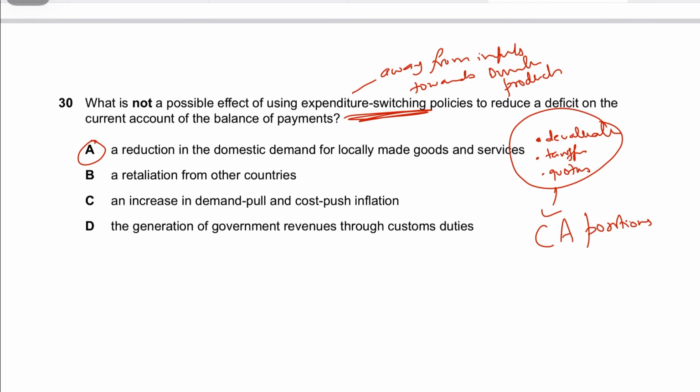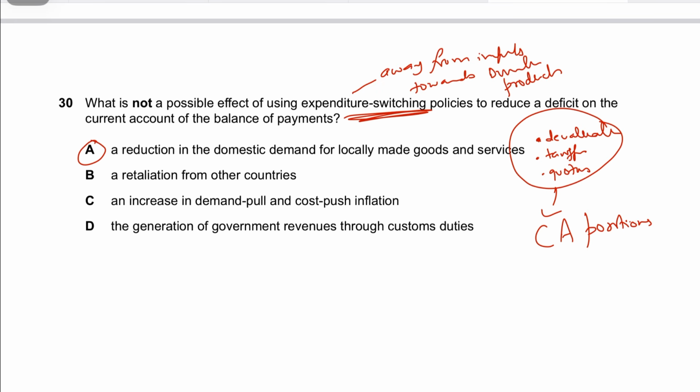Why is this not possible? Because demand for domestic goods is going to rise and hence it will not fall. So yes, this is not possible. Other options, if you look at option B, yes, this is possible because retaliation from other countries is very much possible. Other countries may respond with their own tariffs and trade restrictions, a very common risk when you're imposing tariffs and quotas.